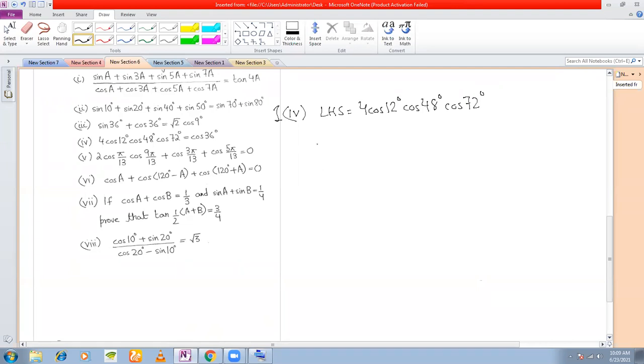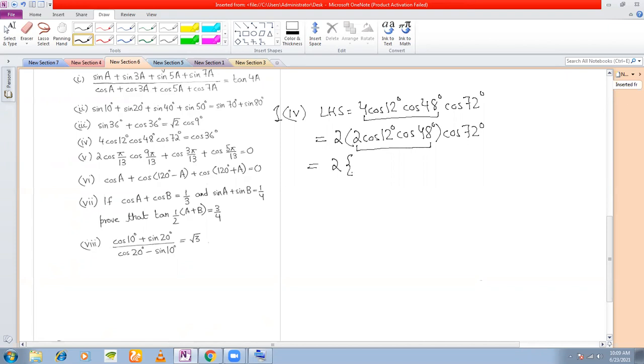Okay. So what you do here is you see 4 cos 12, cos 48, you take them together. You take 2 out. You write this as 2 cos 12, cos 48 degree. And you write cos 72 separately. Why did I do this? Because I want to change this product to a sum. What is the formula for changing from product to sum?